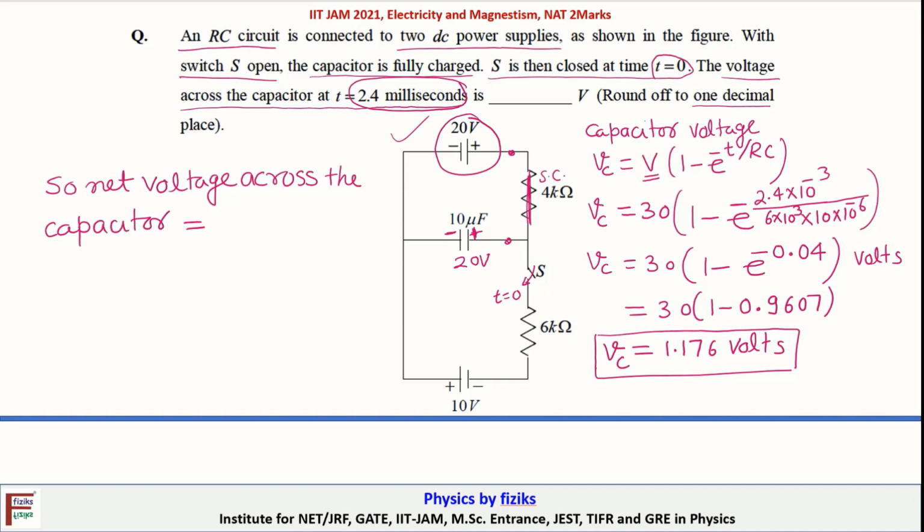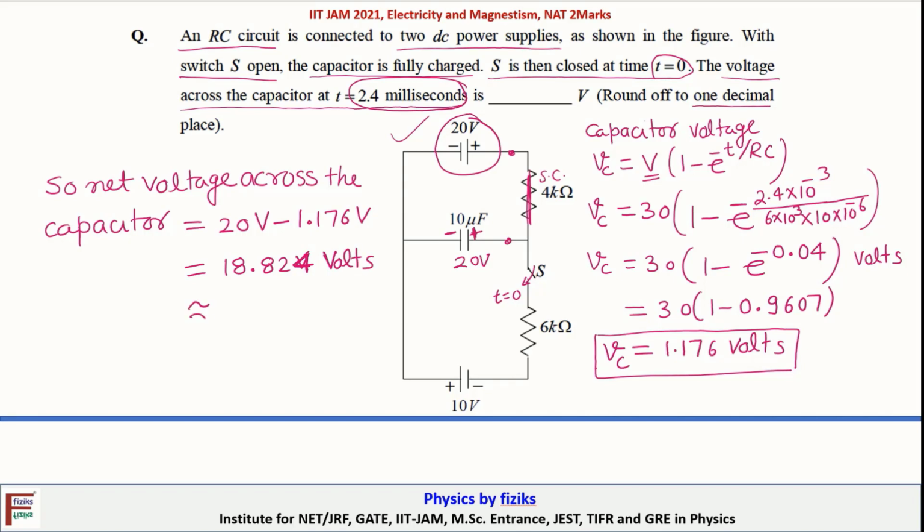It is given by 20 volt minus 1.176 volts. So this value will be 18.824 volts.